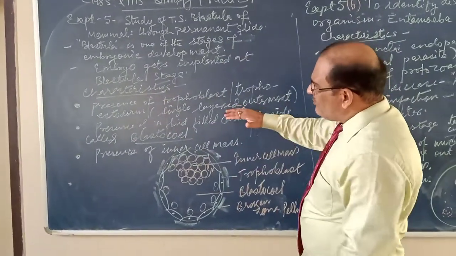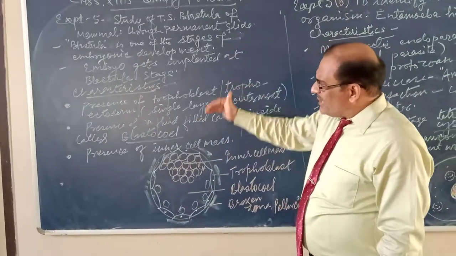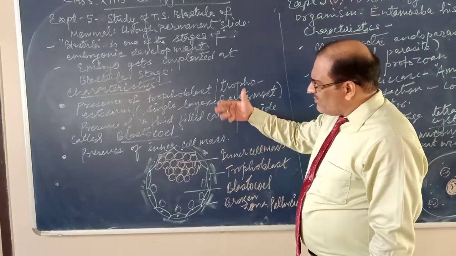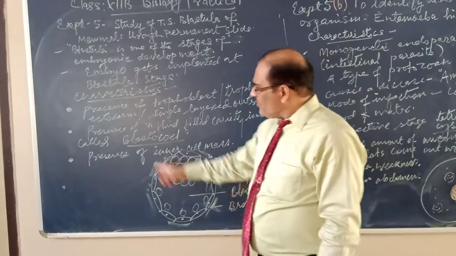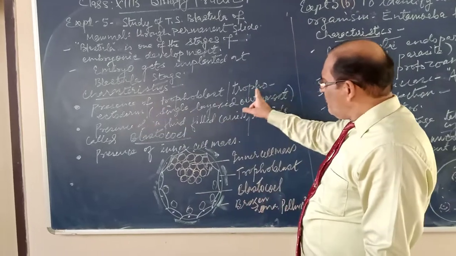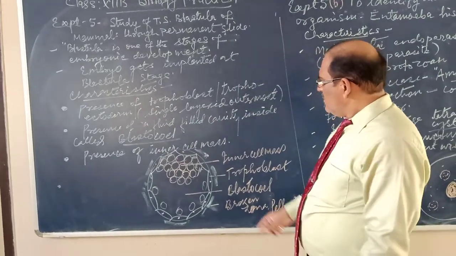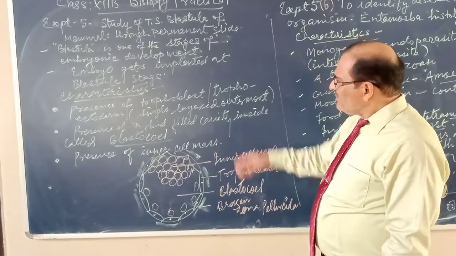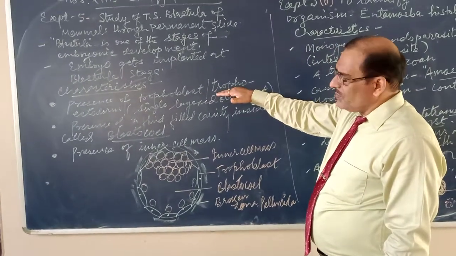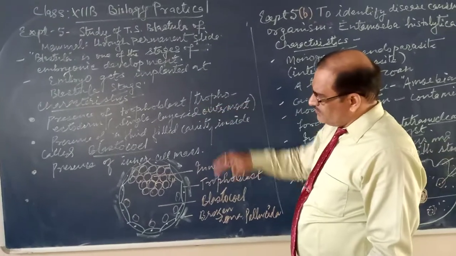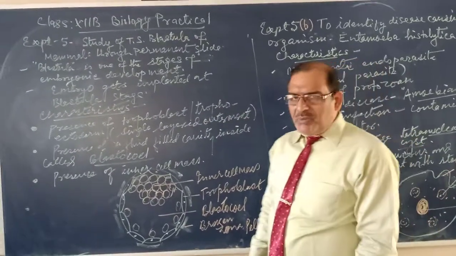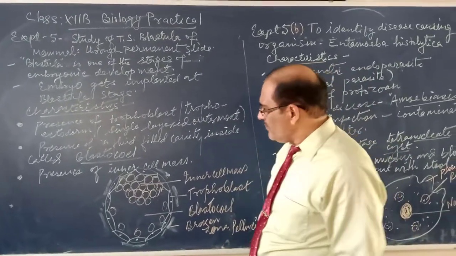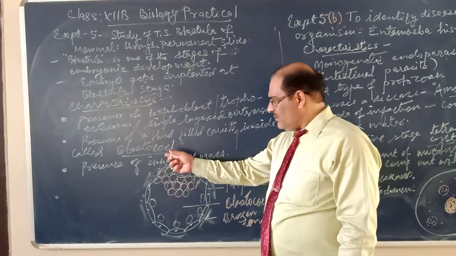So these are the main points. Implantation takes place at the blastula stage. It is a multicellular stage. It has the outermost single-layered flat cells called trophoectoderm or trophoblast. This layer forms the chorion or chorionic villi, which is the fetal part of the placenta. Next is the blastocoele.